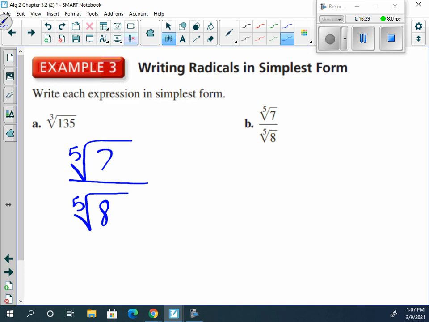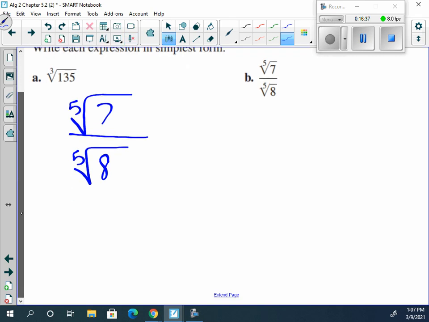One of these is going to add another step or 2, and one of them is going to be a little bit easier. Well, 7's prime, we're not going to deal with anything with that.